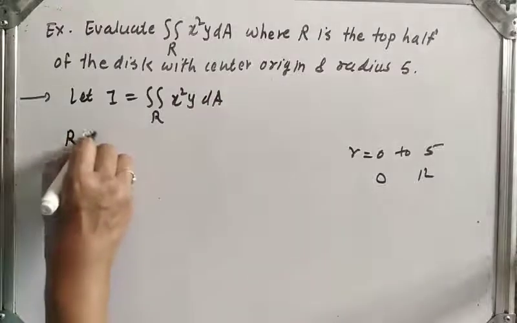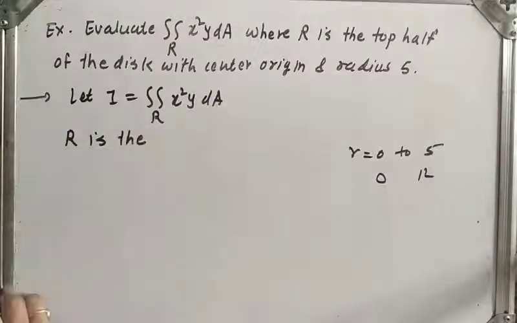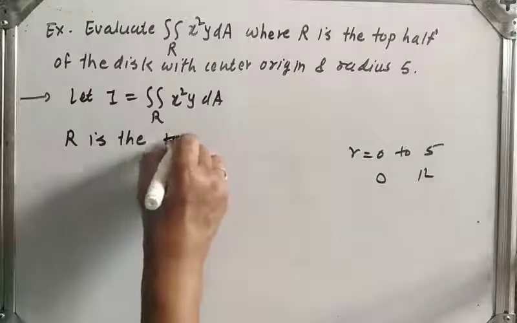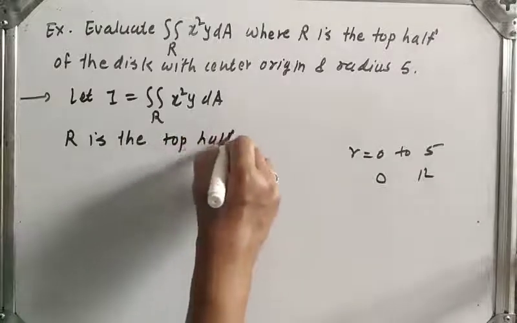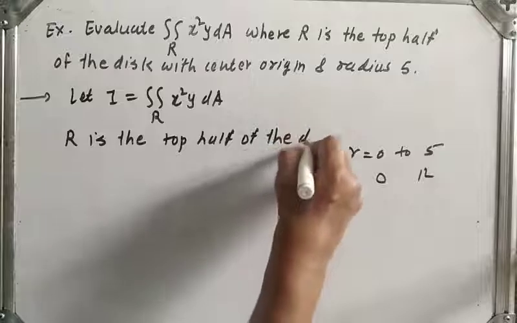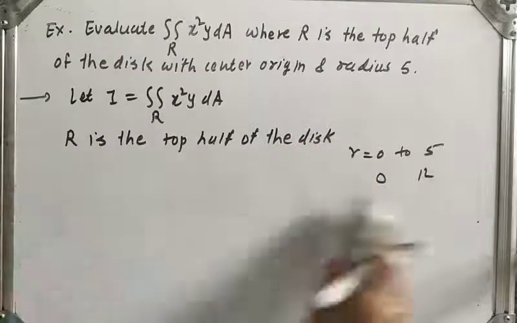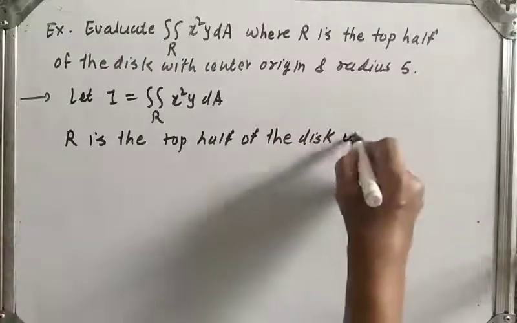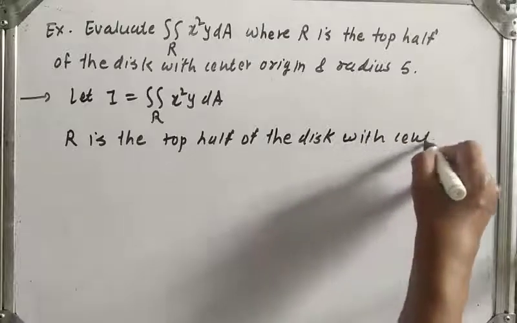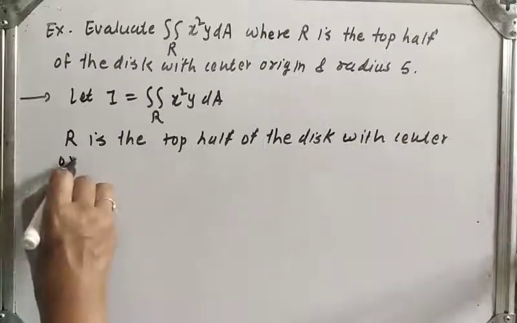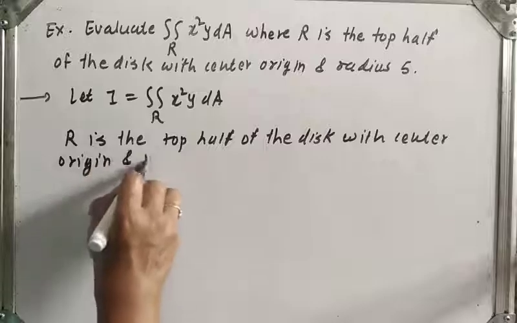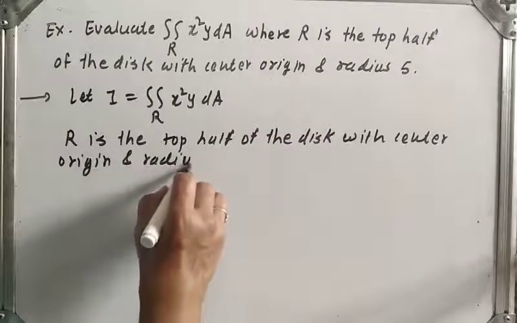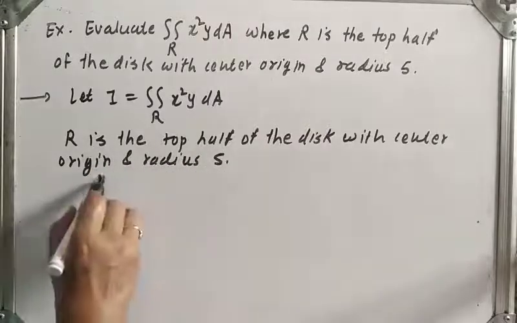R is the region, or R is the top half of the disk with center origin and radius 5.